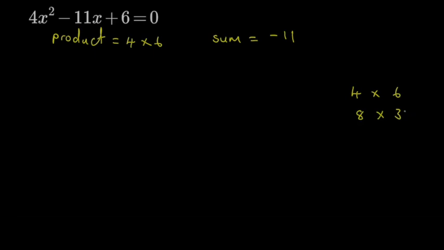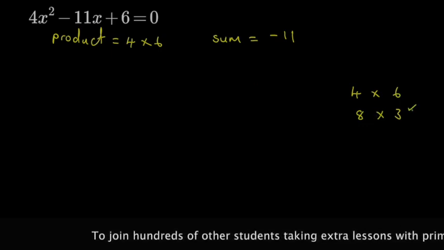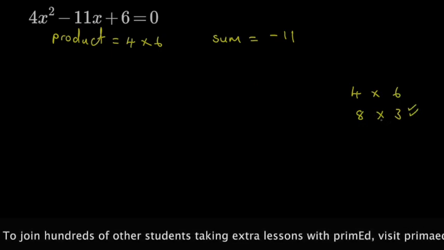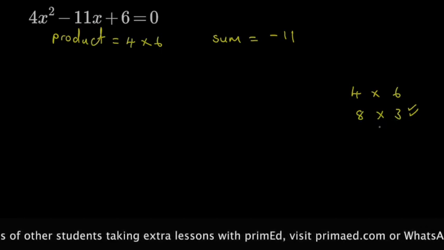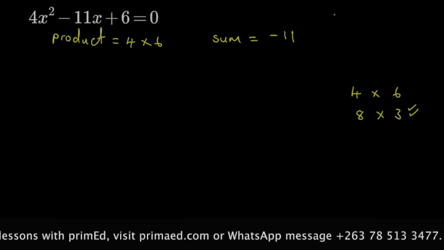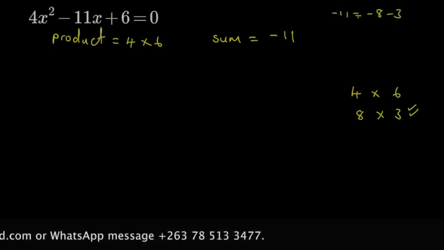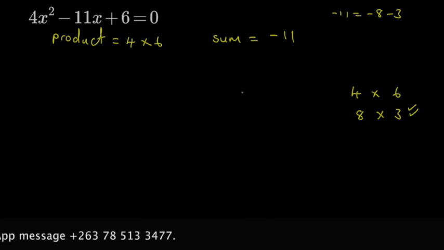You're not changing anything. You're just looking for numbers that you can work with to get negative 11. Here we just happen to have the factors: it's 8 and 3. It's workable, because negative 11 is equal to negative 8 minus 3. This is how you find the factors.